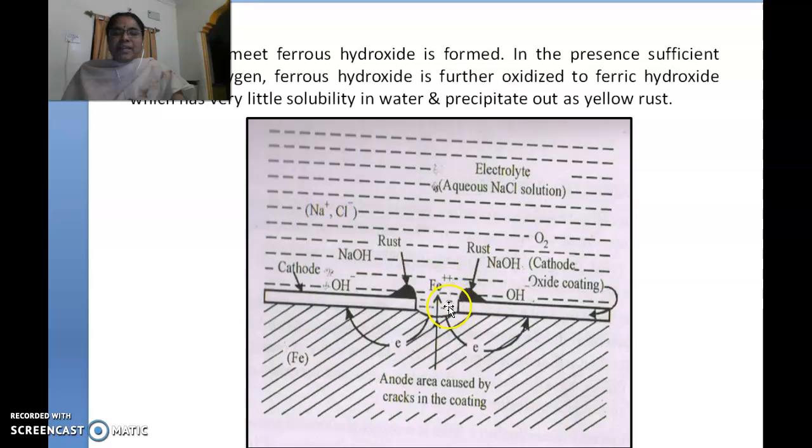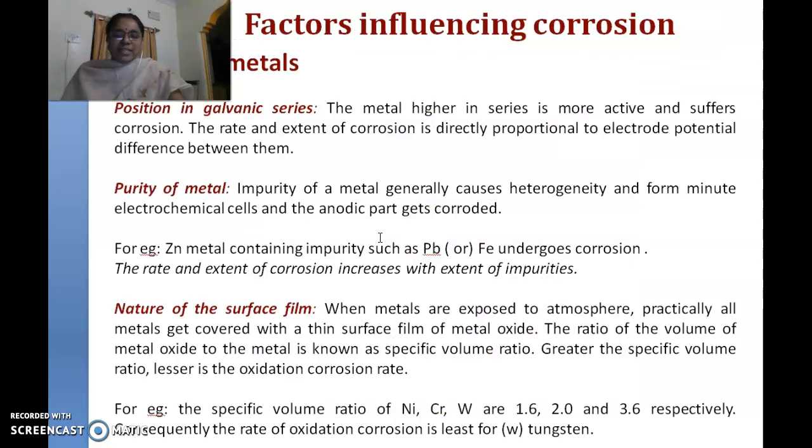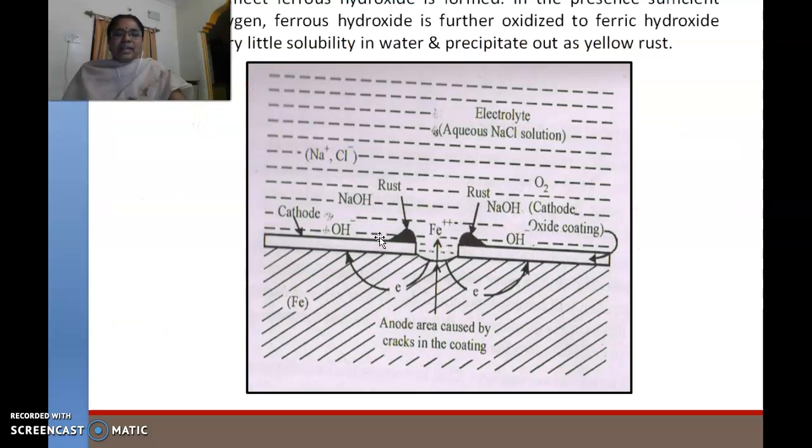Fine. Whenever it starts oxidizing, obviously the cathode should gain the electrons. The number of electrons lost at the anode must be captured at the cathode, right? So this large area is going to require more and more electrons, because this area is very high, right?